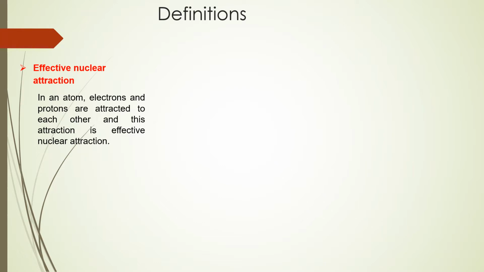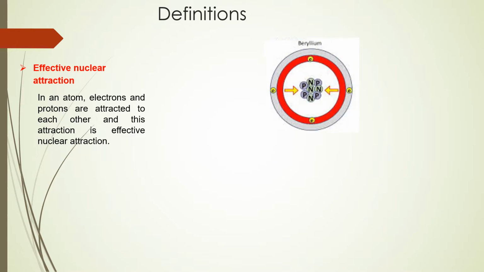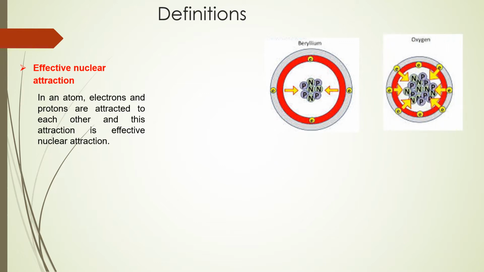And as a result, let's look at one example, beryllium. Beryllium is in period 2. Okay. So if you look at the atomic radii of beryllium and compare it to oxygen, notice that both of these elements belong to period 2. However, oxygen has a smaller atomic radius.